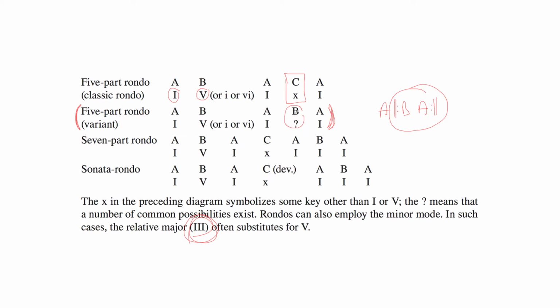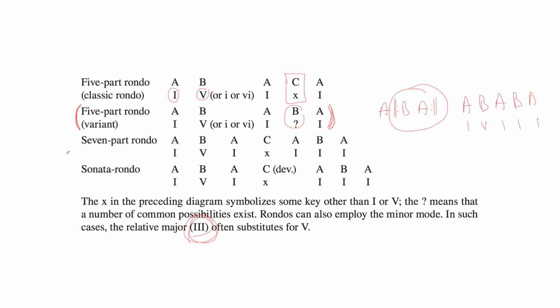For example, it could be on tonic. What if we have BA, BA: tonic, dominant, tonic, tonic, tonic. In this case, we can say this is a repeated ternary. This is a variant of 5-part rondo, but this is really rare.